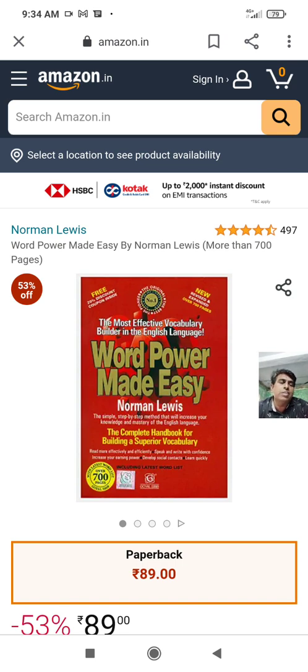Study not in the sense of a student studying, that is not what I am talking about. Study means the relation between fabric quality and apparel quality can be studied over 1 month, or 2 months. That means find out the fabric quality, find out the apparel quality, what is the difference, what is the coefficient of variation of the CSP, count strength product, tear strength, bending strength, all these things.